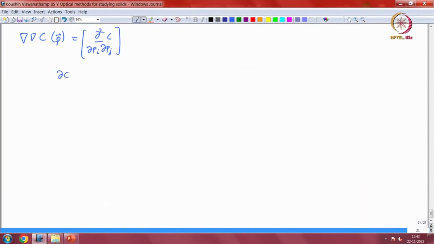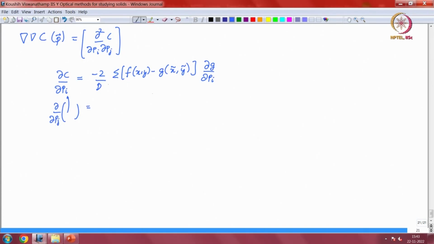So, for some arbitrary component, so let us say p_i, it was minus 2 by d sigma f of x y minus g of x tilde y tilde, dou g by dou p_i, and if you want to take a dou by dou p_j of this, you will have to do it on the right hand side.